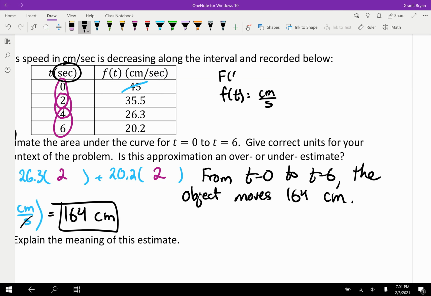Well, if we work backwards, and to work backwards we have to integrate, right? Then that will give us units of centimeters. If we go the other way and we take the derivative with respect to t, what's going to happen here? Well, it's going to be how this rate changes as time changes.